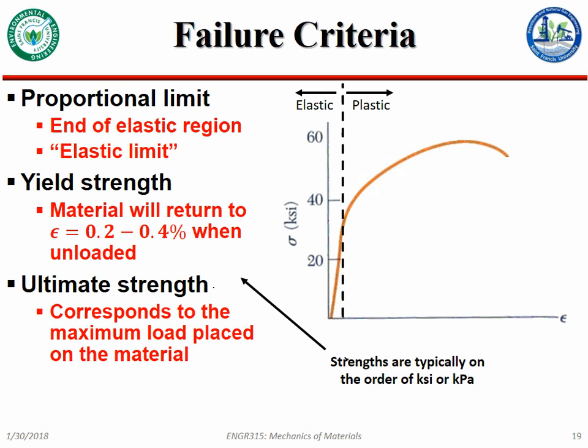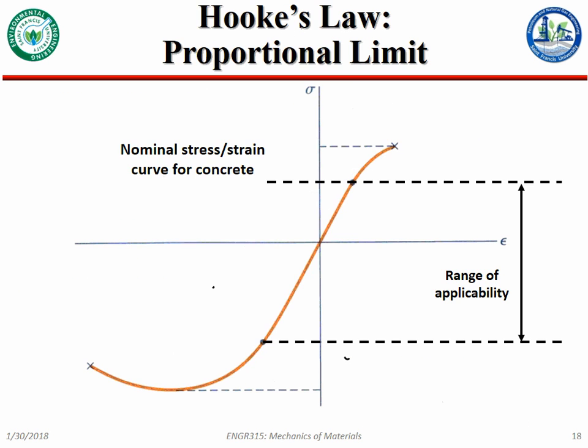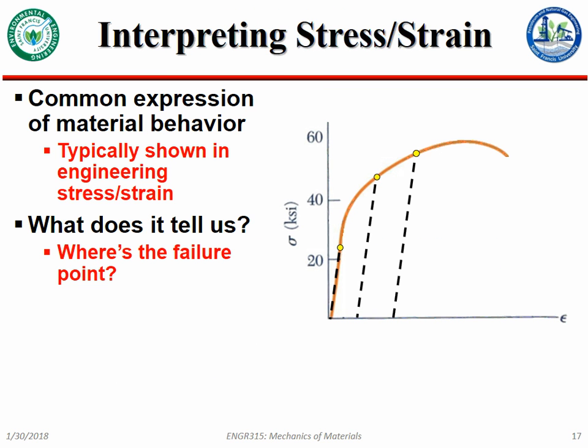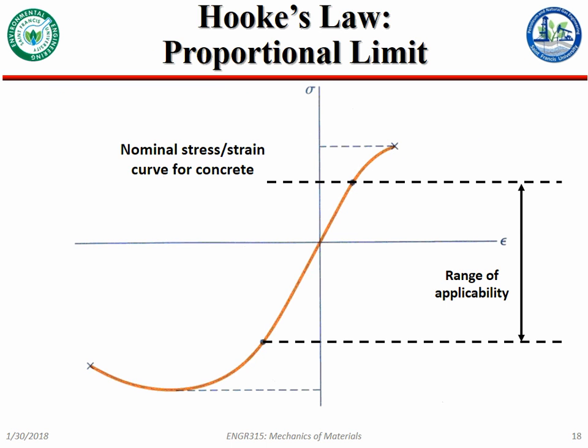Okie doke. So, if you remember last time, we talked a little bit about stress strain curves. We were looking at them as ways to investigate how materials react to strain, talking about the proportional limit, the limit on linear behavior, which is close to the yield strength.